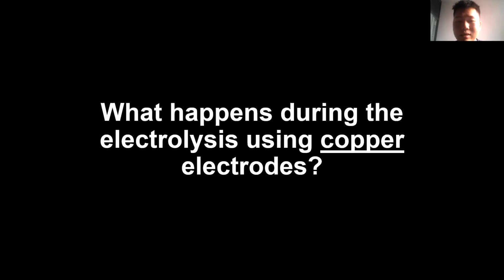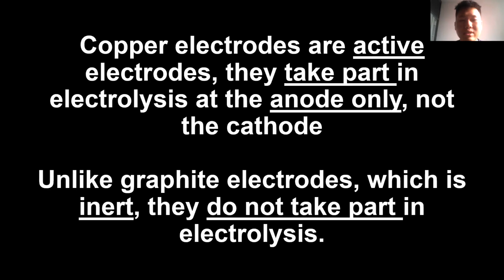Another case of electrolysis is using copper electrodes. Copper electrodes are actually active electrodes. They take part in electrolysis at the anode only, not the cathode.